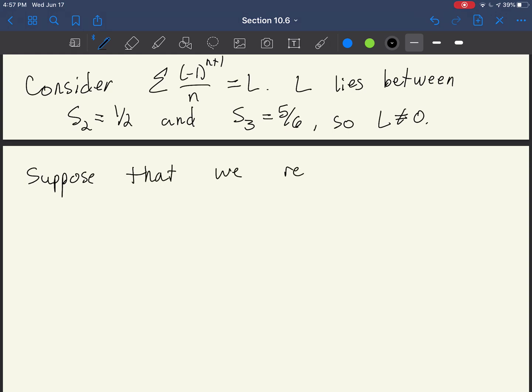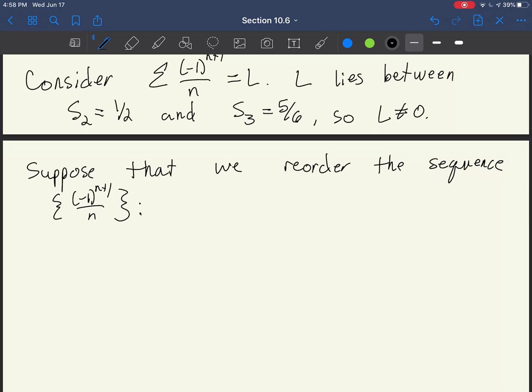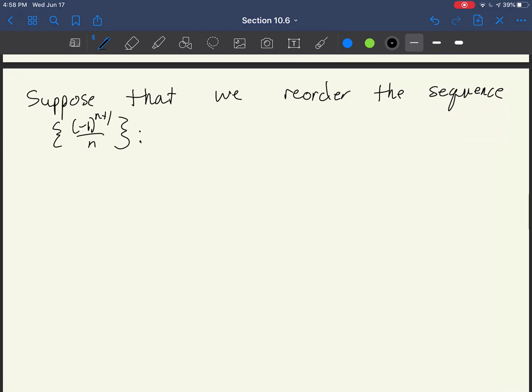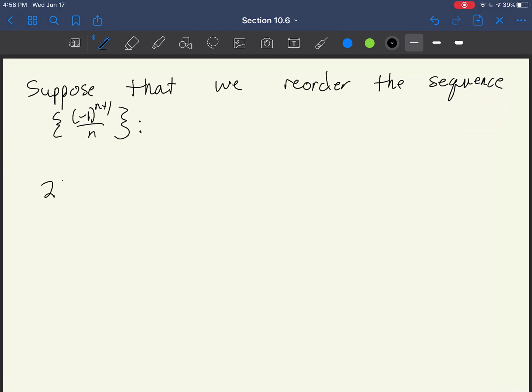Now, suppose that we reorder the sequence (-1)^(n+1) over n. So we're going to do that by looking at 2 times L. 2 times L is 2 times, we have 1. The next term would be subtracting off 1/2.